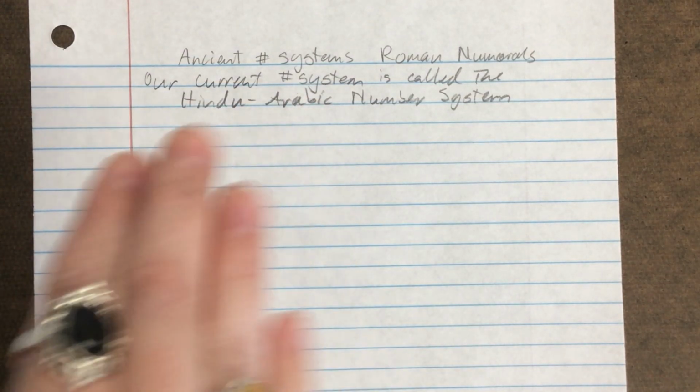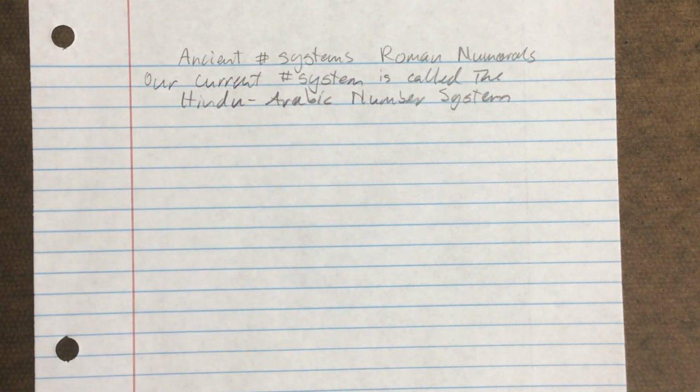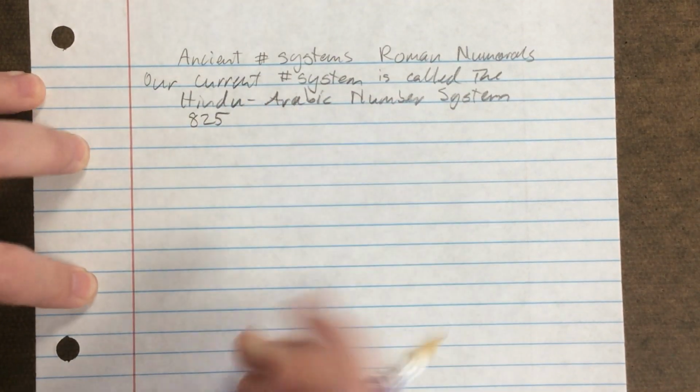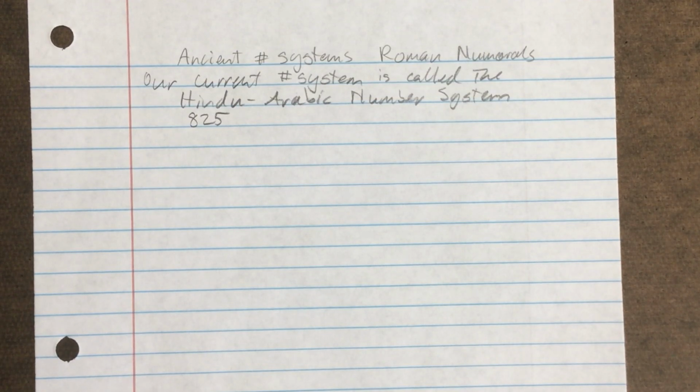The first hints of our Hindu-Arabic number system came around 600, 700, 800 AD, and then about 825 is when a book by a mathematician, his name is Al-Khwarizmi, and we'll talk about him on Friday.